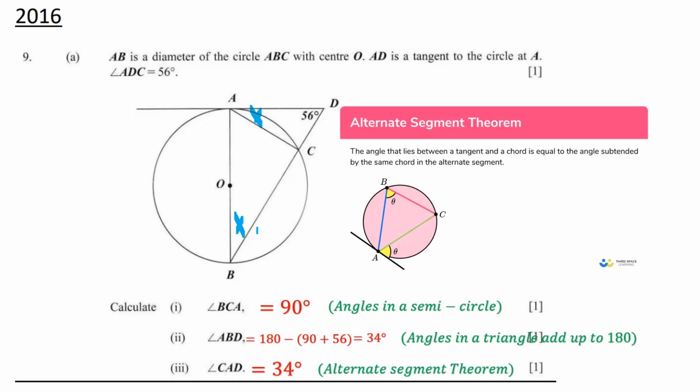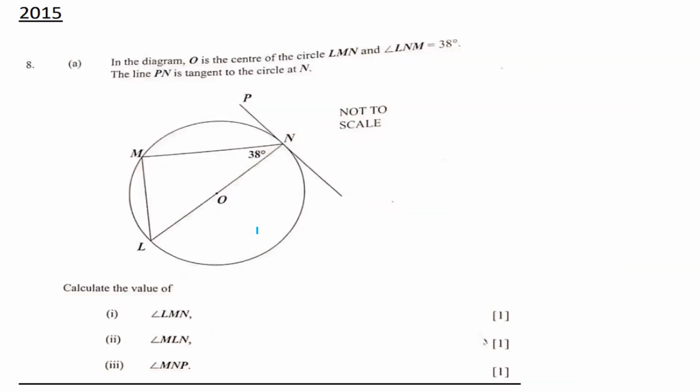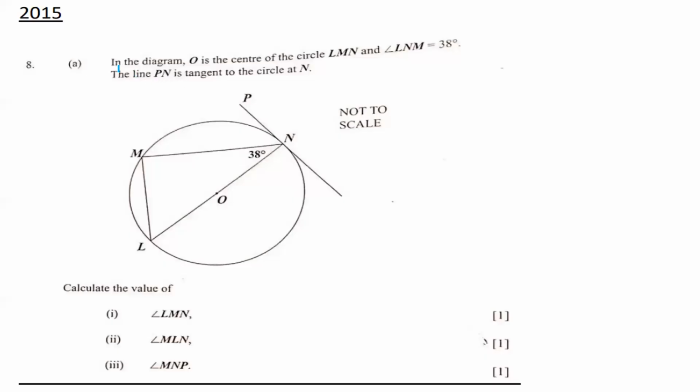All right, so let's move on to the next question. In the diagram, O is the center of the circle LMN. So this right here is the center of the circle. O, which always stands for the origin, is the center of the circle LMN, and angle LNM equals 38 degrees.